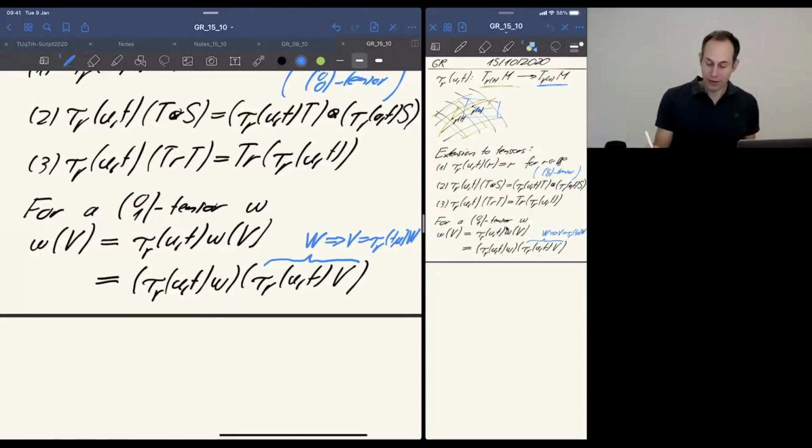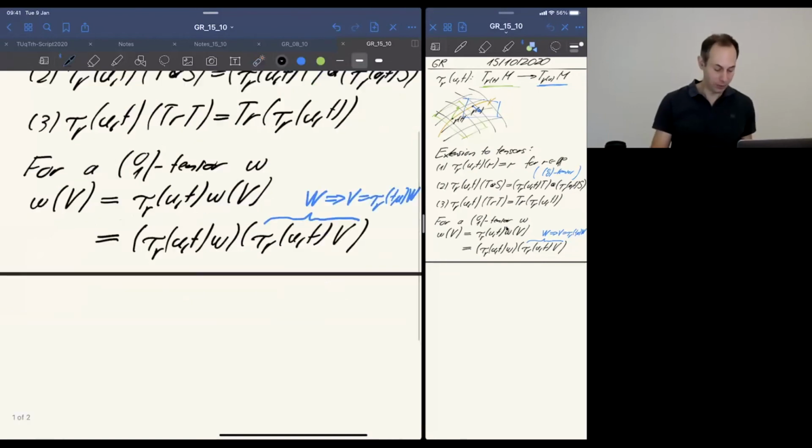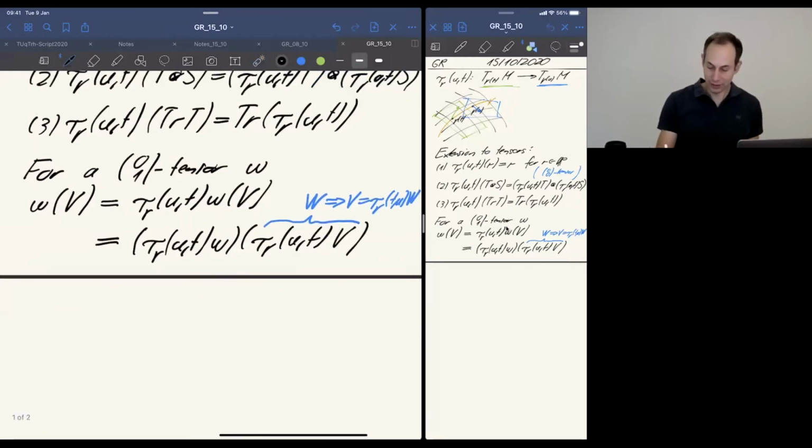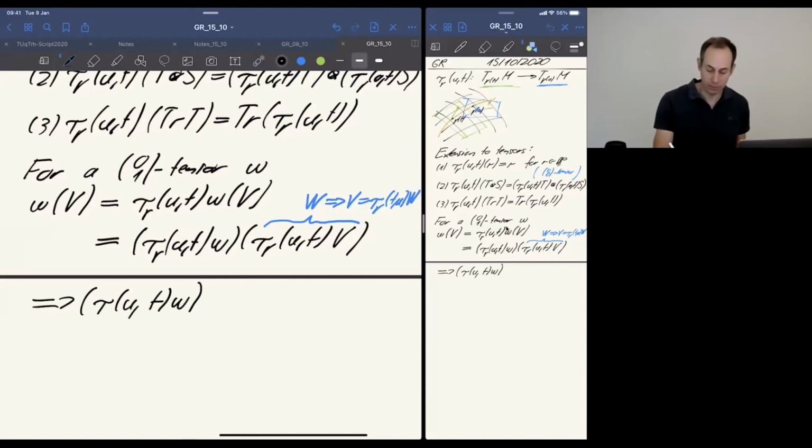Okay, now we have everything in place. I can now just insert this expression for v into that expression, or more precisely, I do it in this one. And what I get is the following. So what I conclude from this is, what I really want to know is how does the omega transform under tau gamma. So that's the question. What is this object?